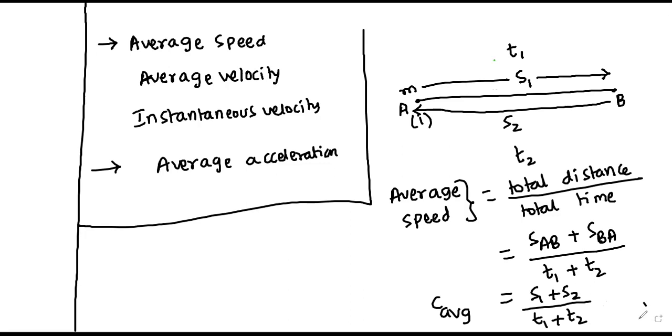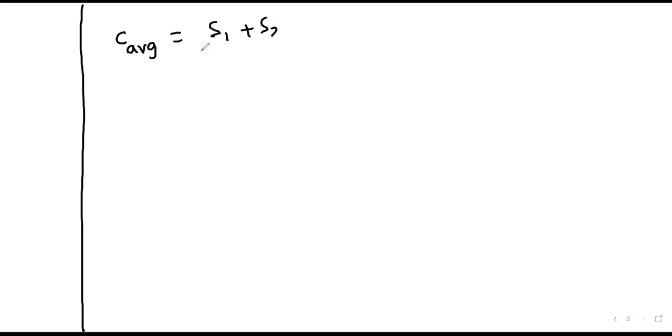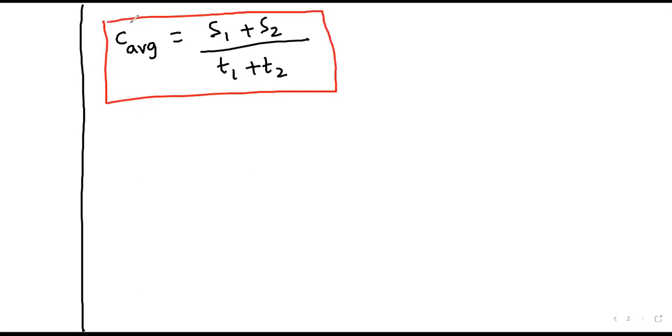Now see, here we are having different forms of average speed. The basic formula is C average equal to S1 plus S2 by T1 plus T2. Remember this formula, most important, called equation 1.